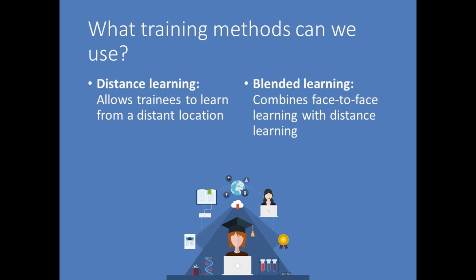Instruction can also be asynchronous, where trainees can access the content at their convenience through physical materials, e-learning, virtual classrooms, and webcasts. Some distance learning programs require trainees to use their own space and their own computer. Other companies provide a designated space on site for employees to access training that is delivered in real time by an instructor in a different location.